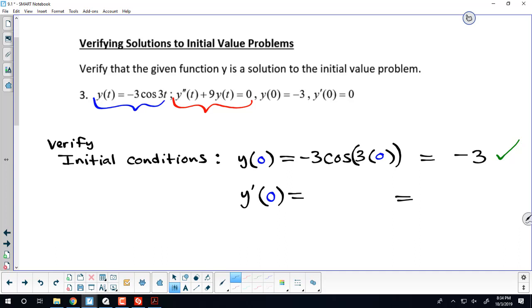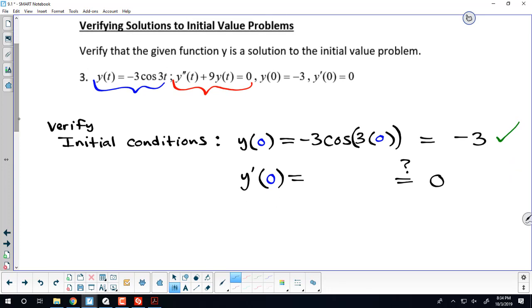We'll just question that for the moment because we don't have y prime, but we can get y prime. y of t is negative 3 cosine of 3t. So what is y prime? 9 sine of 3t.